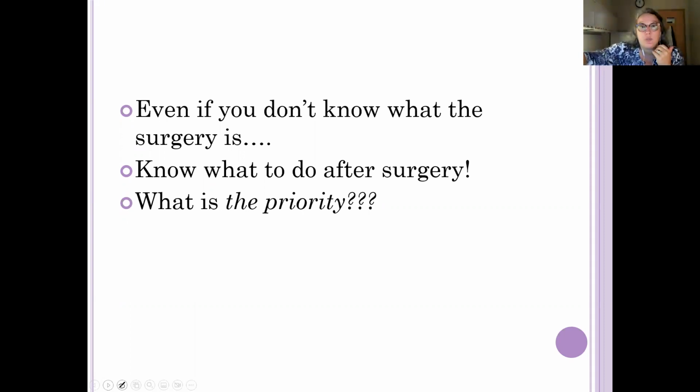Even if I didn't know what the surgery was 100%, like what it meant, the transesophageal duodenoscopy, I still needed to know what to do after surgery. So what is our priority after surgery? What are the big things that we are always worried about with our clients? Think.